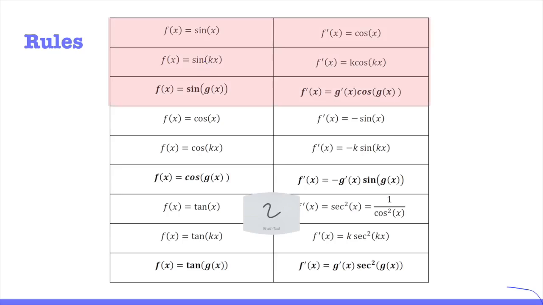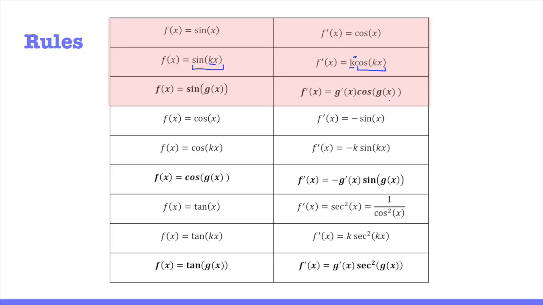First rule that you need to know, the derivative of sine will be cos. So sine becomes cos. If we have a function on the inside, whether it's something simple like kx or an actual function, just like we had with our exponentials and with our logs, we'll multiply by the derivative of that inside function, which in this case would be k, by the derivative of the outside function, so sine of kx becomes k cos of kx.